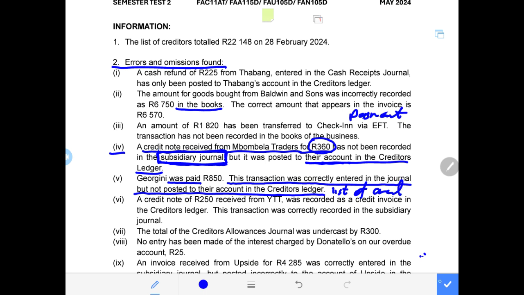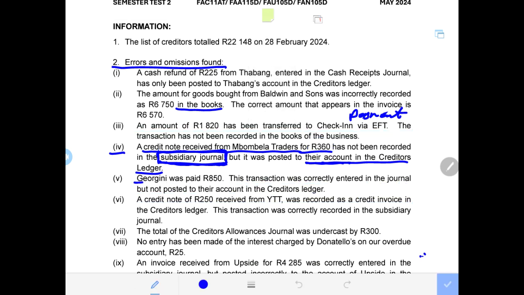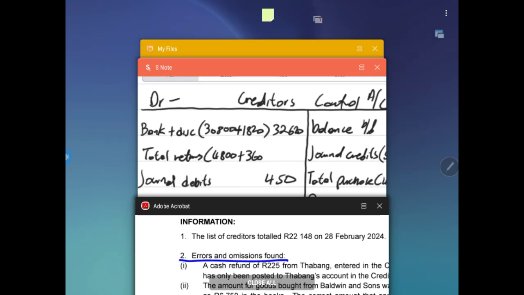If in the journal it was posted but not recorded in the account of the creditor, that means it is a list of creditors. Remember, this was Georgina that was paid, an amount of 850 rand that was paid. So now where will this go? To the list of creditors.